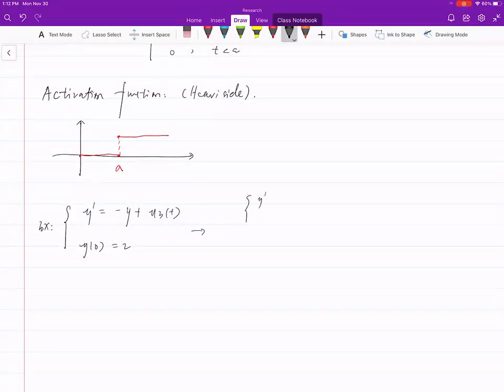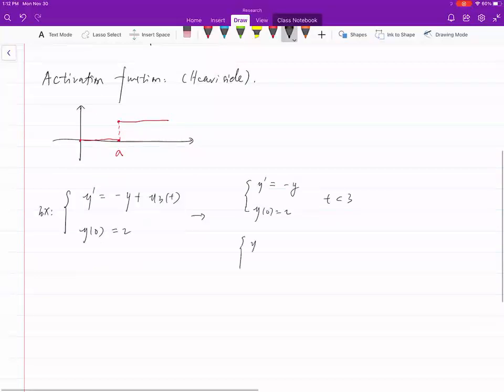The first one is y prime equals negative y, with y(0) equals 2. This works for everything up to t less than 3, and for t bigger than 3, you are going to have this, because now u3 is not 0 anymore, and you need an initial value, which we don't know unless you solve the first one.